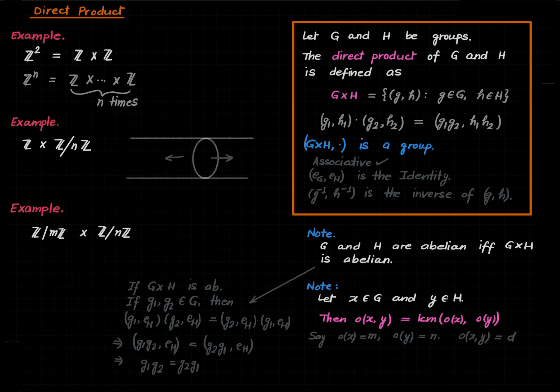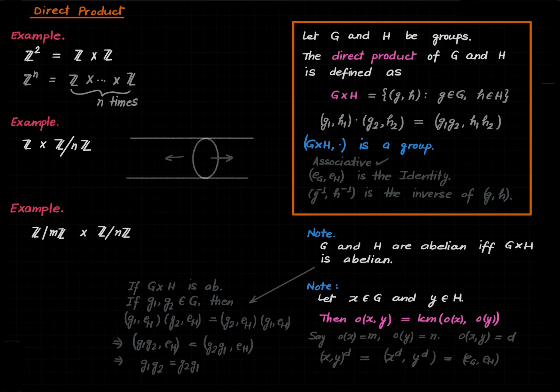So we know that (x, y) to the power d is equal to (x^d, y^d). That you can easily check. But since d is the order of (x, y), this thing is equal to the identity of the group G cross H, (eG, eH).